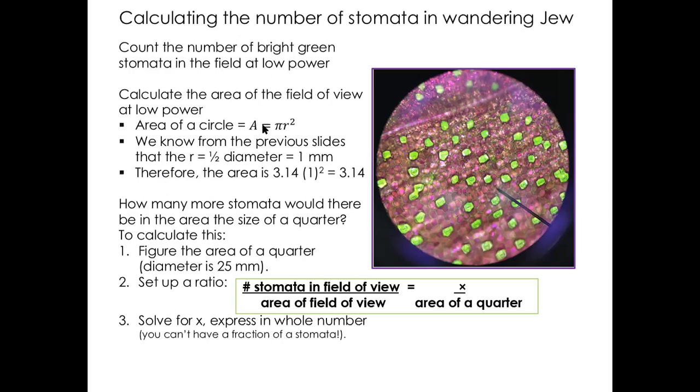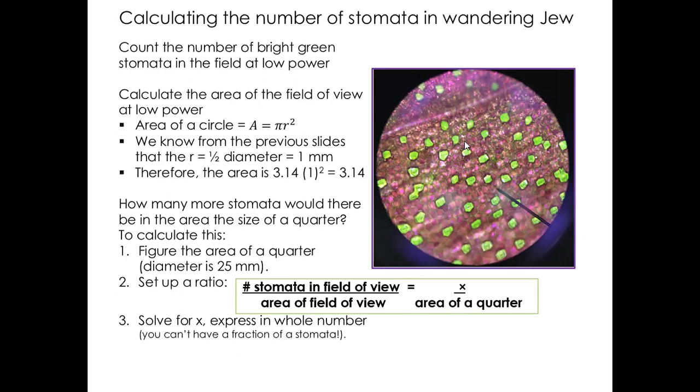So for the area of the 10x objective, we can multiply pi, which we simplify by 3.14, times the radius, which was 1 squared. 1 squared is still 1, easy enough. So the area of this field of view on the 10x objective is 3.14 millimeters squared, okay?